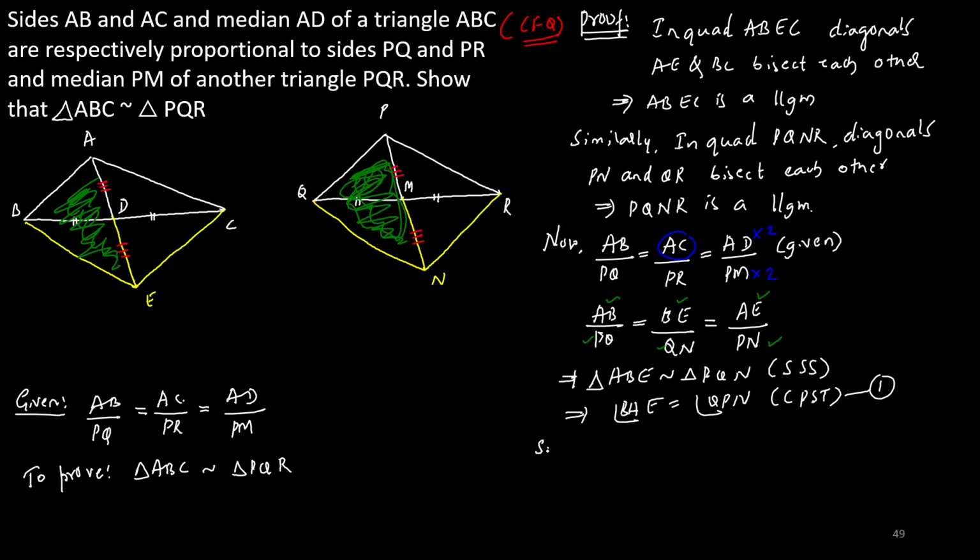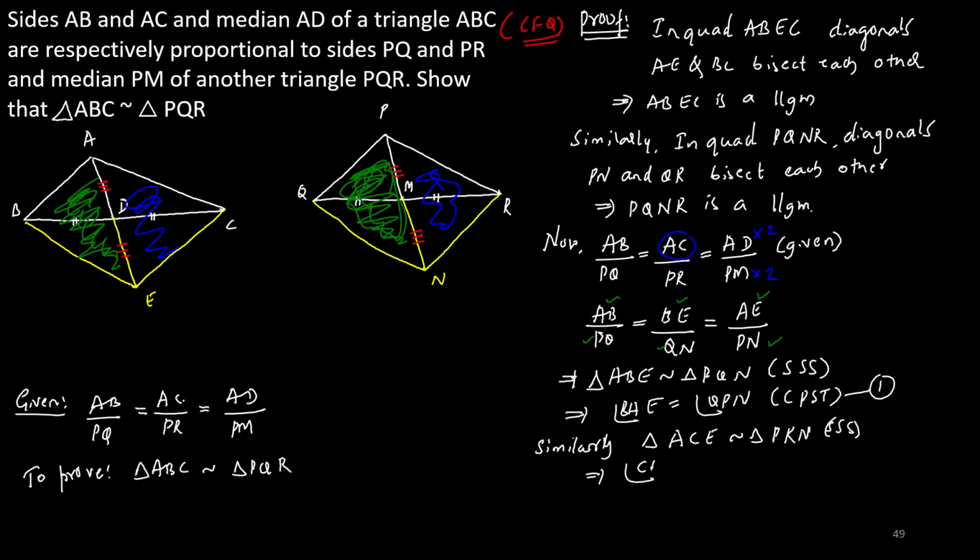Similarly, the other triangle of the quadrilateral, I can prove they are similar also. So triangle ACE is similar to triangle PRN, again by SSS.